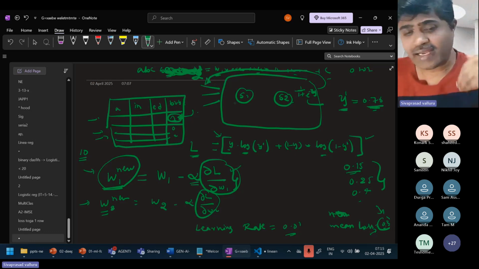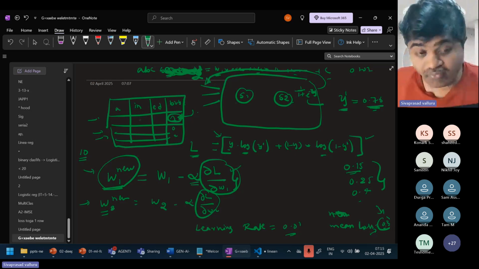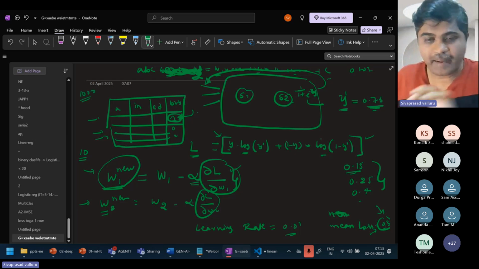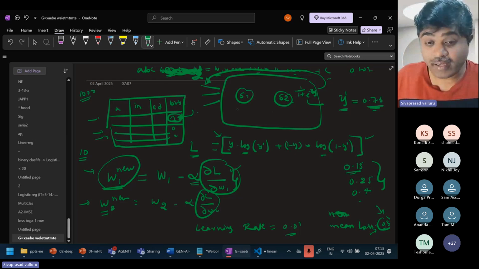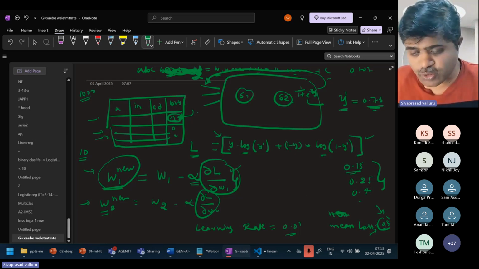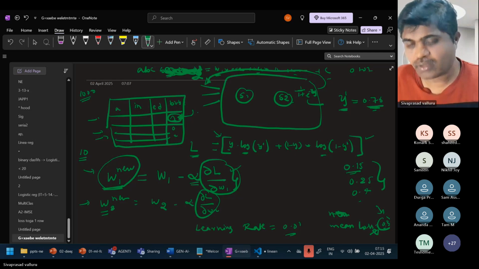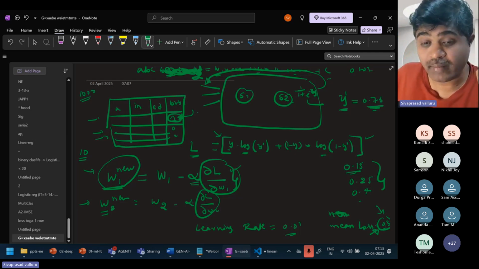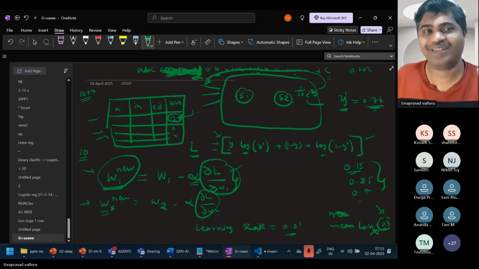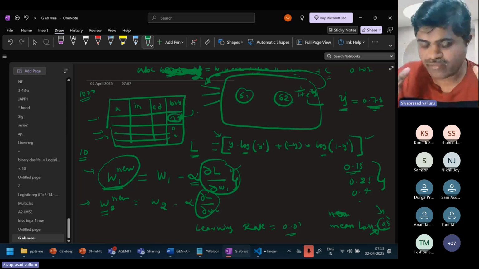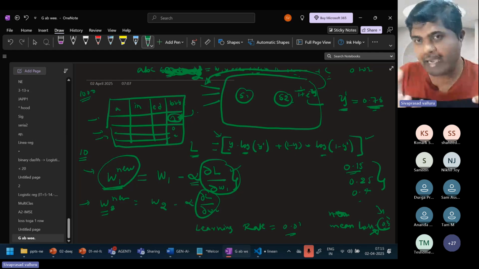This happens for n iterations, maybe 1,000 iterations or so. The loss is back propagated, weights are calculated, and again we find the loss. After some 1,000 iterations, this loss will become minimal. Whenever the loss becomes minimal, we finalize W1, W2, W3, and C. That is how it happens. I guess now you are able to clearly visualize what I mean by back propagation.